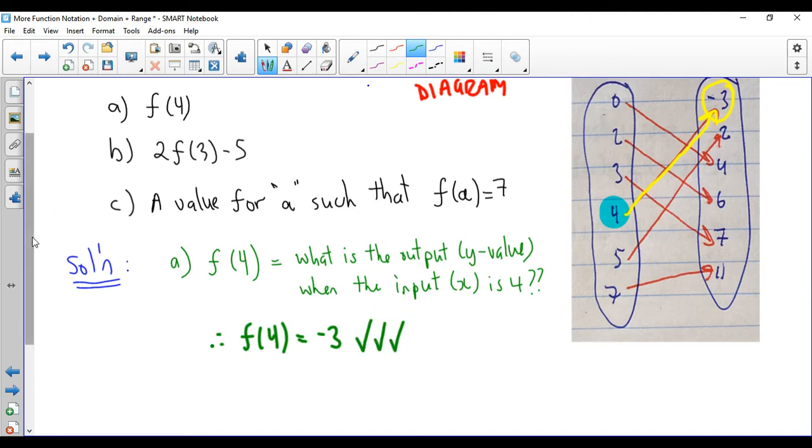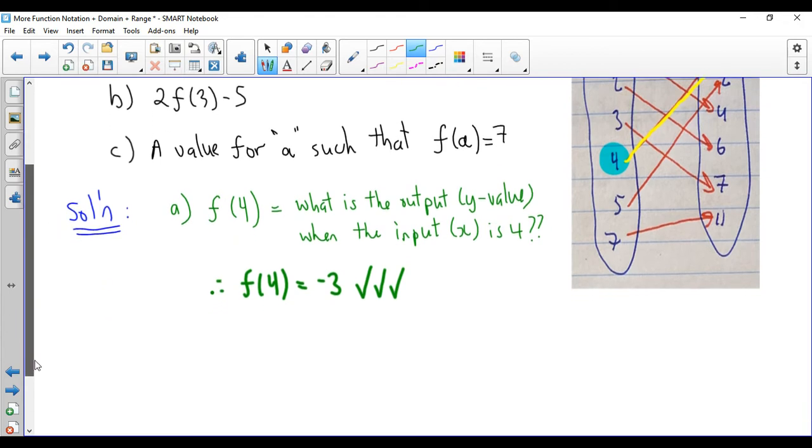So hopefully that wasn't too out there. So next we'll do one where I have to figure out what f of 3 is, but then perform some other algebraic expressions. So nothing too crazy.